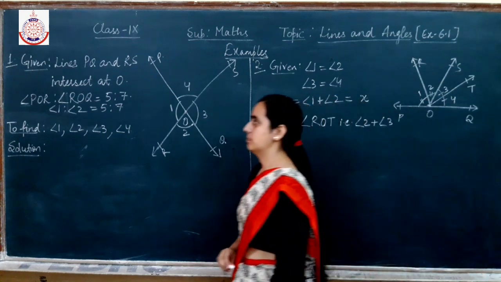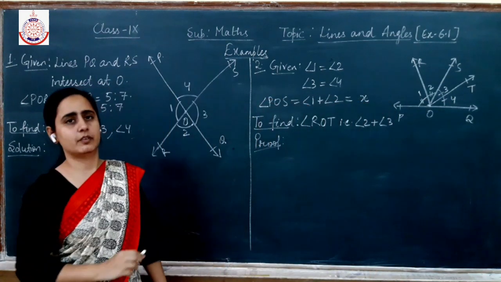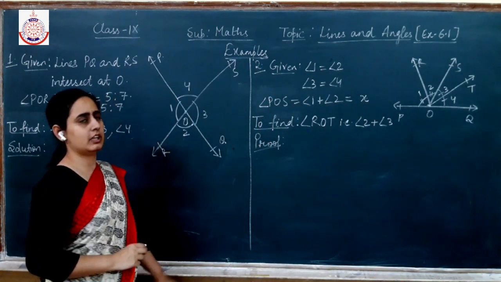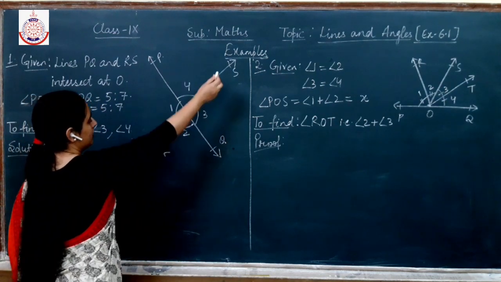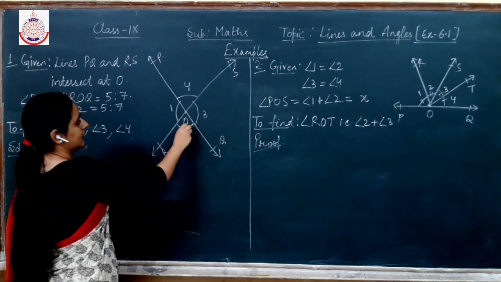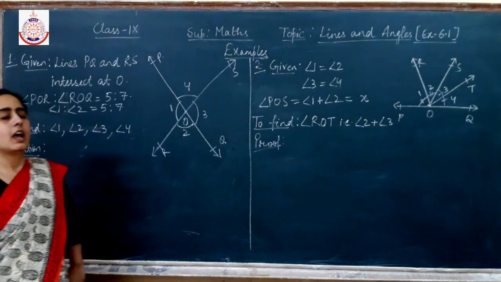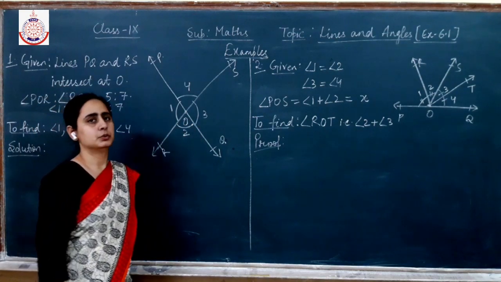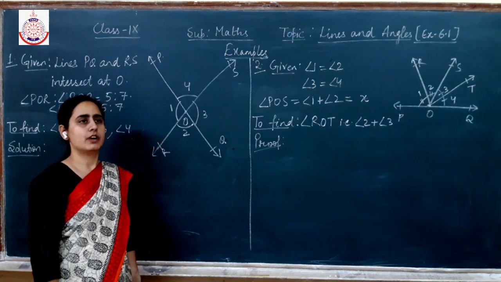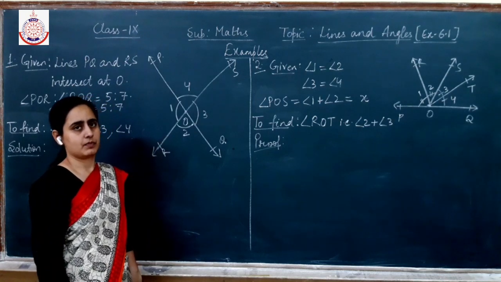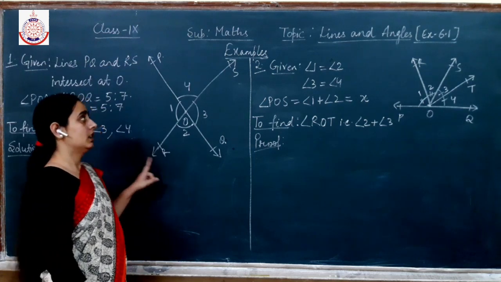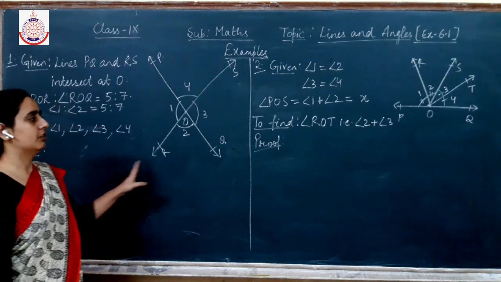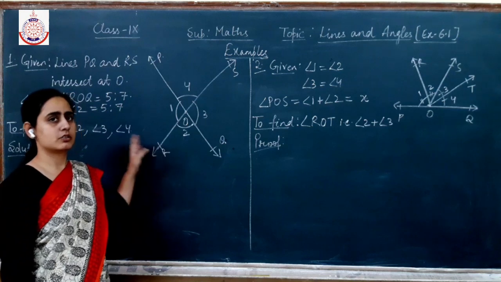We are going to discuss the examples. Now the first example, the statement is already given in the book, so I have written the given conditions. It's given that lines PQ and RS intersect each other at O. A very important thing to note: whenever you solve any question of geometry, any chapter of geometry, you have to draw the figure along with the solution.